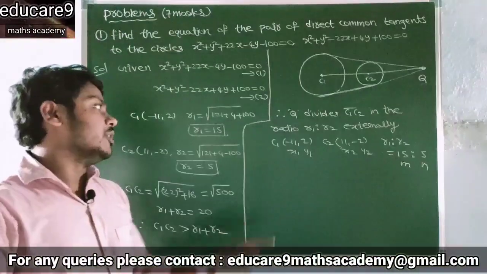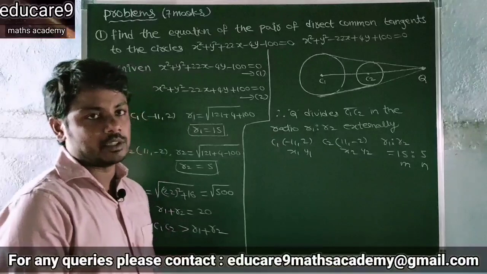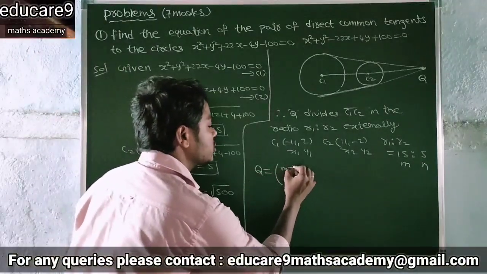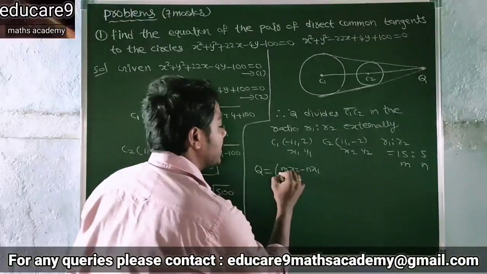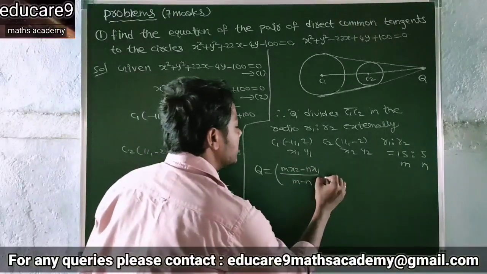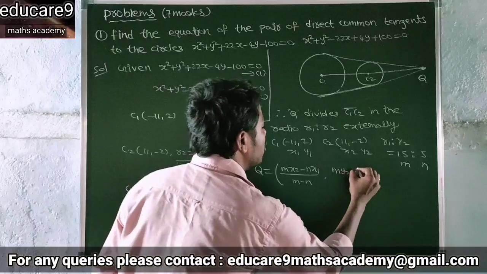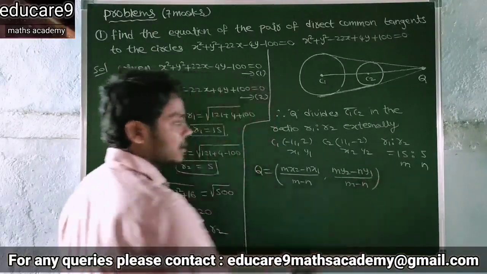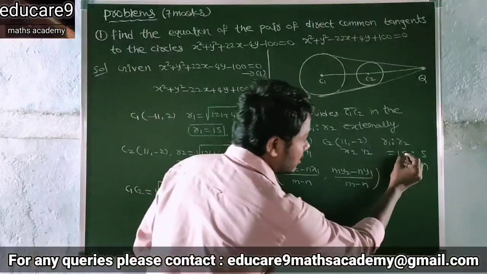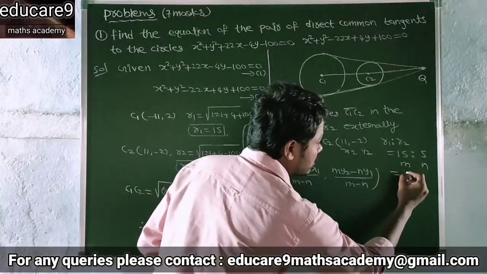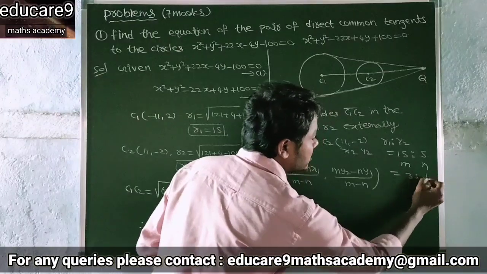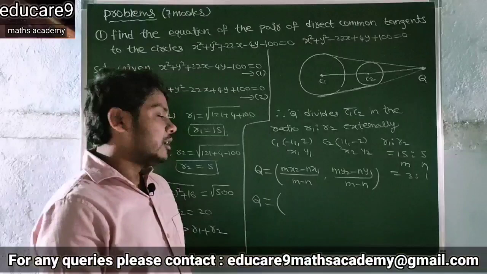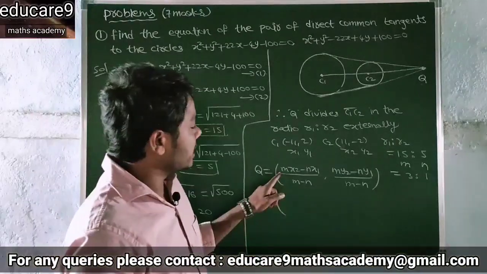So clearly here you have to use the external division formula. That is Q is equal to mx2 minus nx1 by m minus n, comma my2 minus ny1 by m minus n. So the ratio is 3 is to 1. Now apply the external division formula, that is mx2.